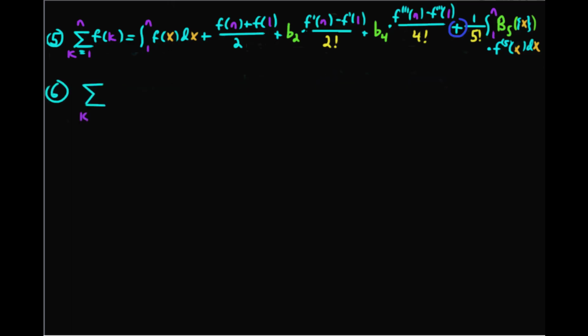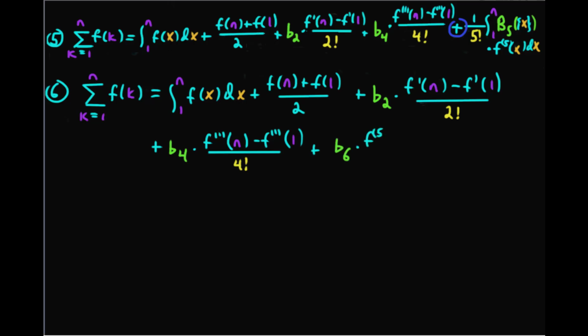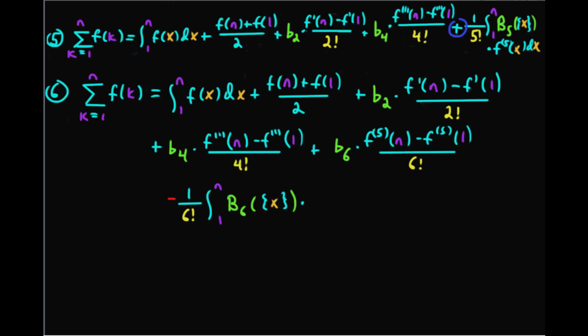It would say that the sum from k equals 1 to n of f of k equals the integral from 1 to n of f of x dx plus f of n plus f of 1 all over 2 plus the second Bernoulli number b sub 2 times f prime of n minus f prime of 1 all over 2 factorial plus lowercase b sub 4 times f triple prime of n minus f triple prime of 1 all over 4 factorial plus b sub 6 times the 5th derivative of f of x evaluated at n minus the 5th derivative of f of x evaluated at 1 all over 6 factorial minus 1 over 6 factorial times the integral from 1 to n of capital B sub 6 of the fractional part of x, that's the 6th periodic Bernoulli polynomial, times the 6th derivative of f of x dx.